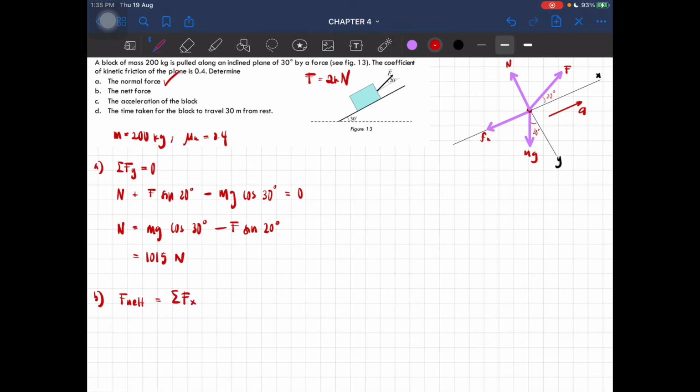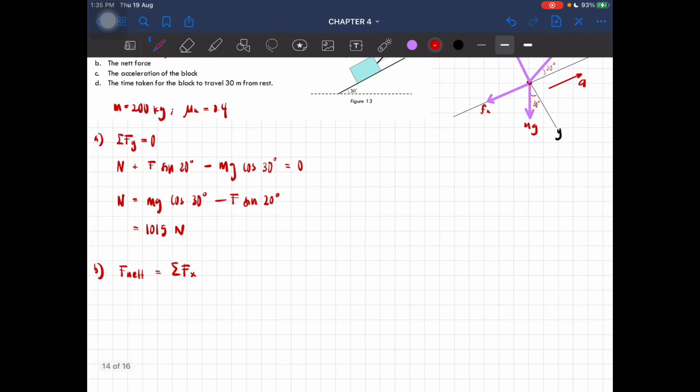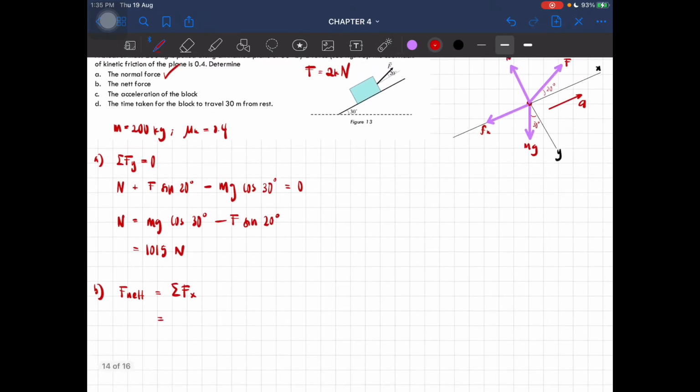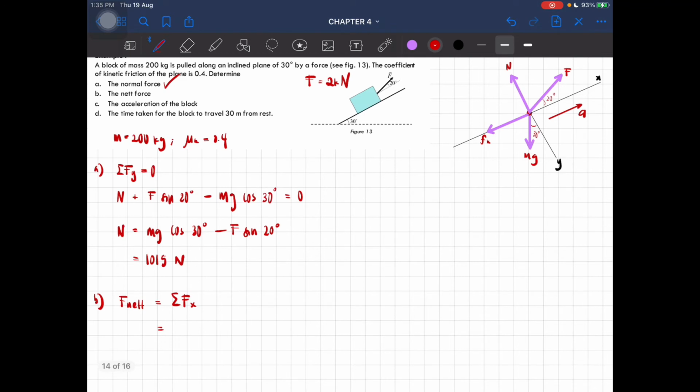The forces that follow the acceleration are positive, and those going against the acceleration are negative. So F cos 20° is positive, minus fk because it is against the acceleration, and then minus mg sine 30° also because it is against the acceleration.